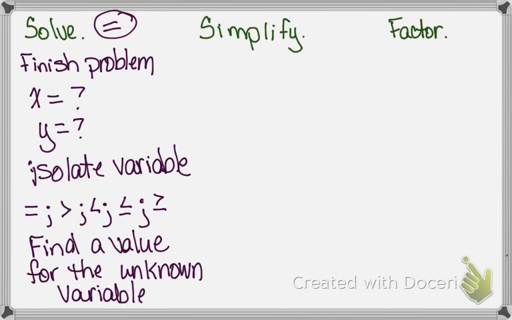Now, simplify. Simplify is what we did last week. All of last week we were simplifying. Okay? So what does that look like? What did we do last week? Good. Combine like terms. Okay? What else did we do last week? What rules did we have to follow?